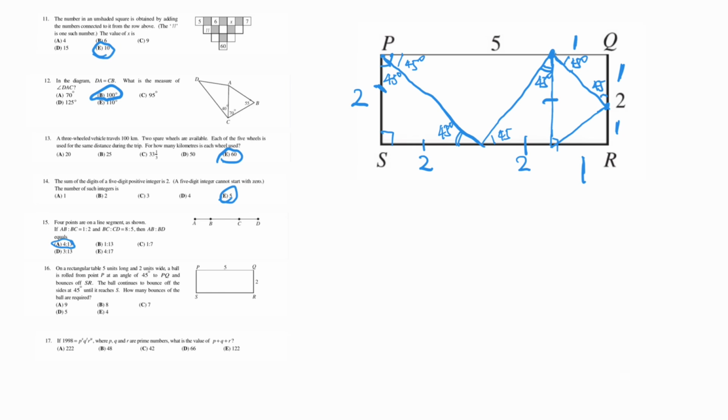And then we continue on another 45 degrees. So how many bounces can we count? That's the first bounce, second bounce, third bounce, fourth bounce, and then fifth bounce. It's back to S. So the total is 5 bounces. That's the answer D.